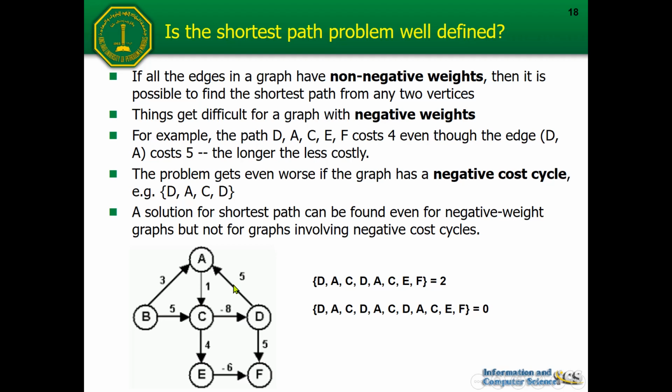There are some details, everyone, about whether the shortest path problem is well defined or not. You can see that we can define the weight of an edge to be negative. For example, in this case, we have 1 and 2 negative weights.